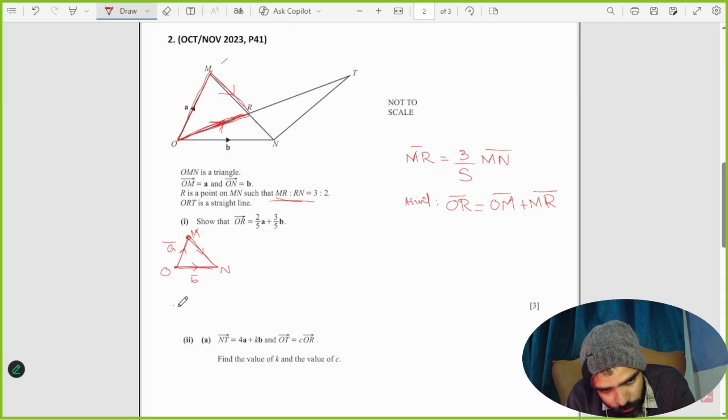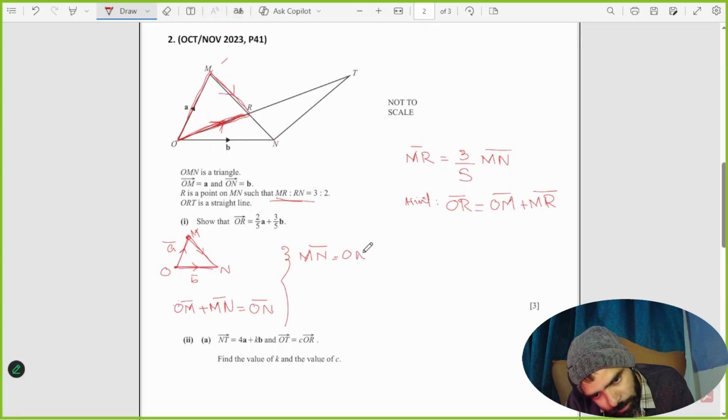So OM plus MN is equal to ON. From here I'll write what MN is. MN is equal to ON minus OM.